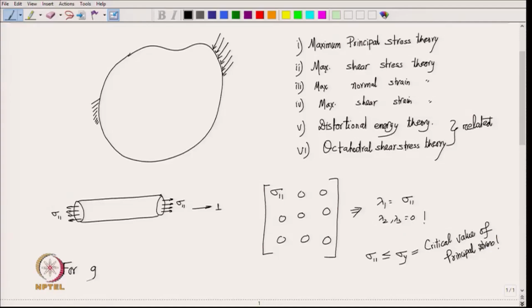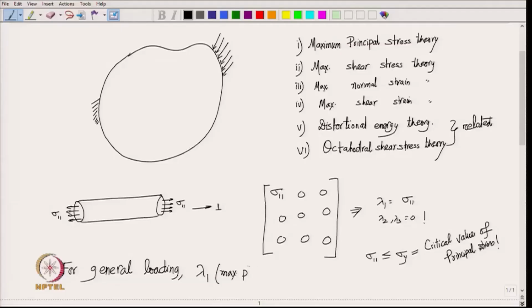So, for general loading, lambda 1, which is the max principal stress, you have to find that, right. You will have a general stress matrix, find the eigenvalues and the max of it, that is lambda 1. So, this should be less than sigma y.